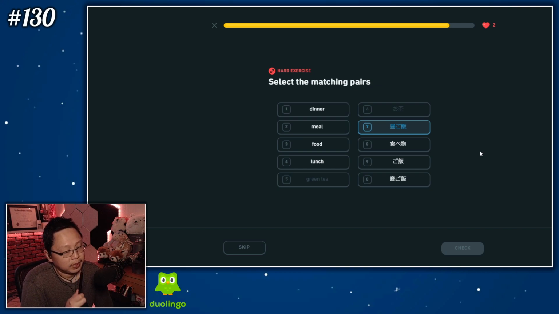However, they're related by unit. So ocha and gohan are from the same unit, right? And now they both have kanji. So I don't know if that's something they considered. That's why they add those every once in a while.